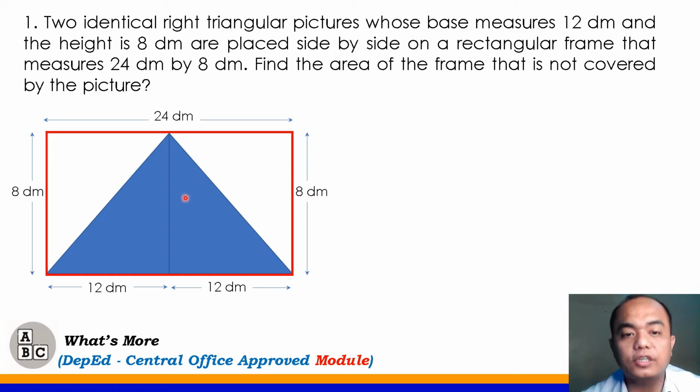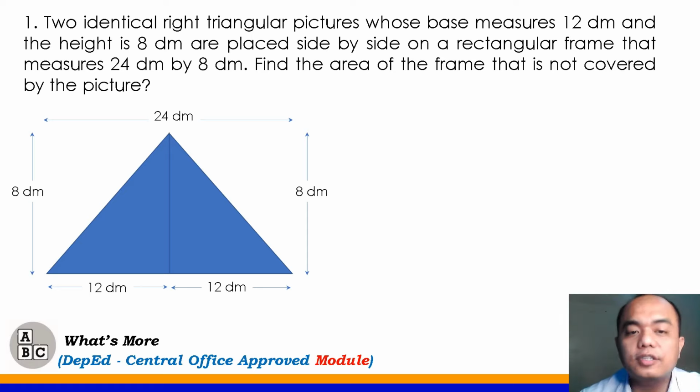The picture is this one, class. So the part not covered by the picture, which is this one, will be our final answer for the area. But look, class, aren't they identical? If we solve the triangle, that is already the answer too. But we will still solve it so that it is clear to you.